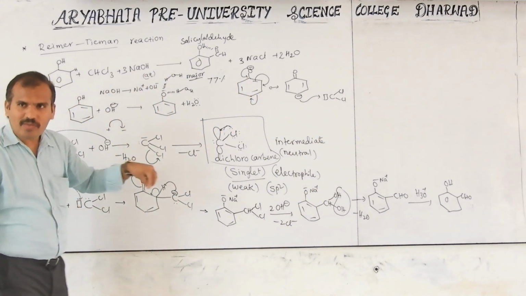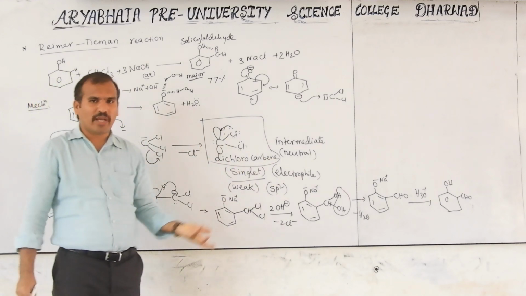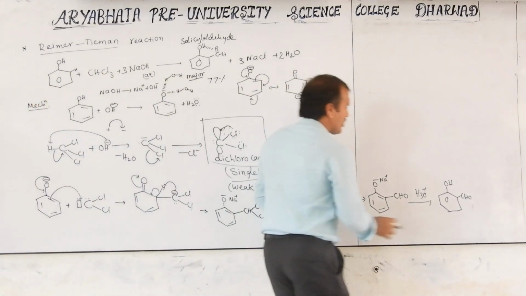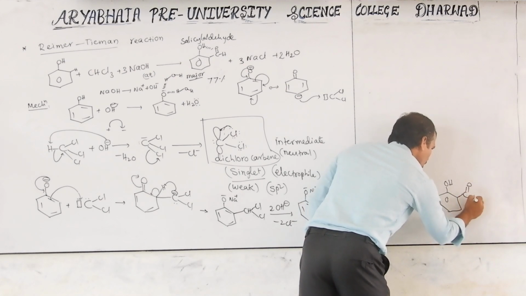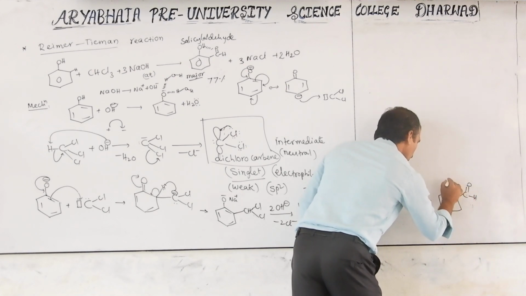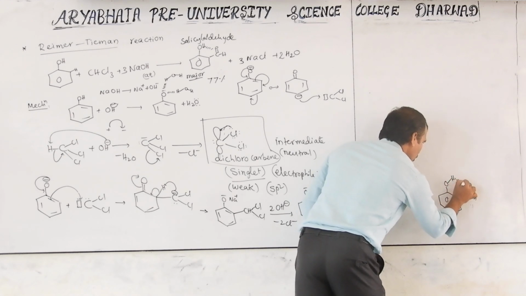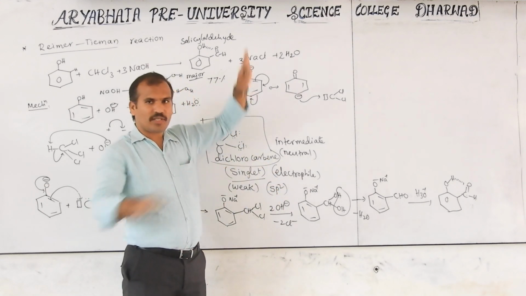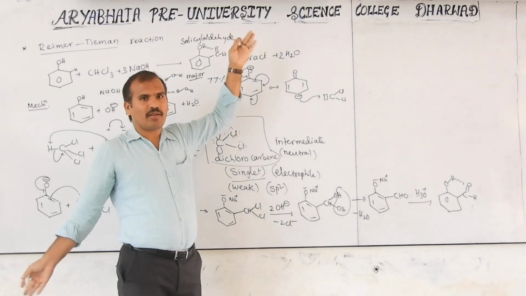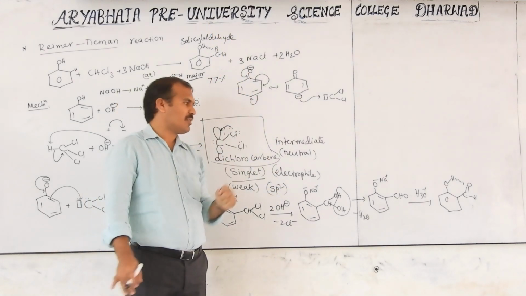Then para also forms, but that is minor because the ortho forms hydrogen bond, which is stable. How it forms hydrogen bond, I will show you: C double bond O, H, like this. Hydrogen bond formation stabilizes that form. For para, the ring is very far away, ring formation is difficult. That's why it is less.